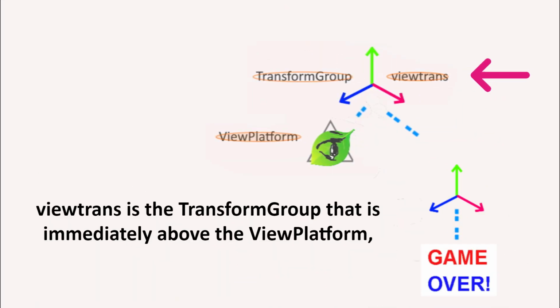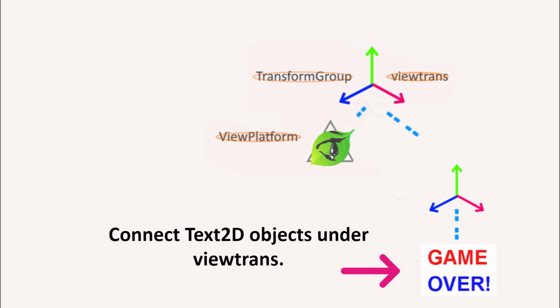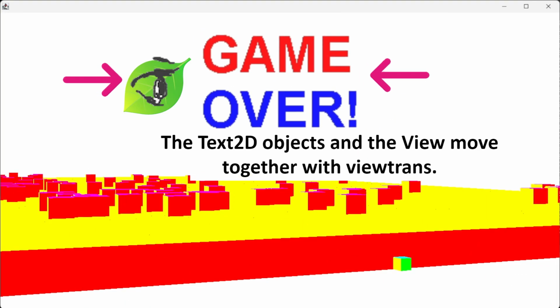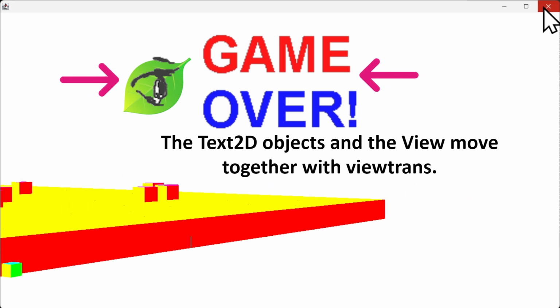ViewTrans is the transform group that is immediately above the view platform, something like a base the view is on. Connect the Text2D objects under ViewTrans. The Text2D objects and the view move together with ViewTrans.